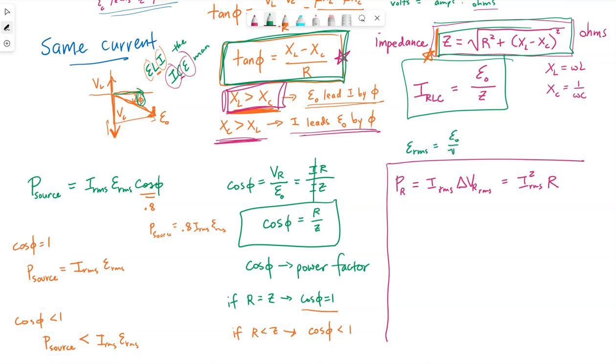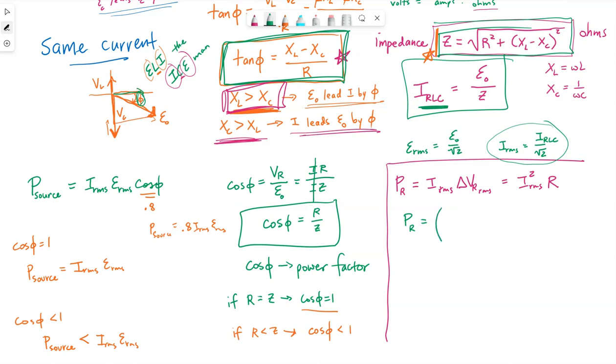ERMS is the max over the square root of 2. IRMS is the max over the square root of 2. So this power dissipated by the resistor, if we plug in, this would be the I max that we talked about just above there.